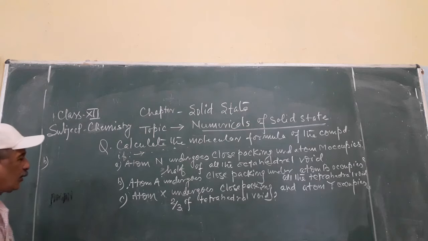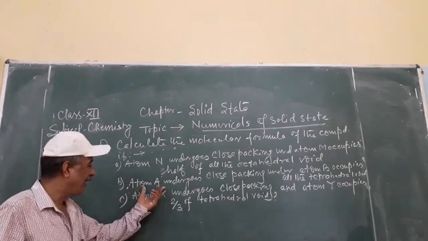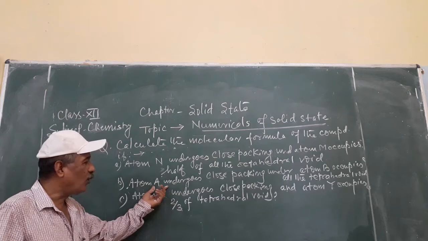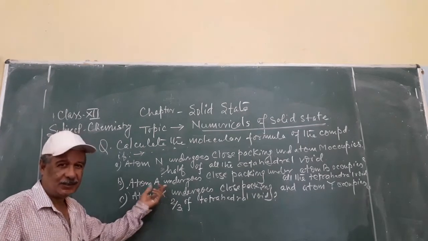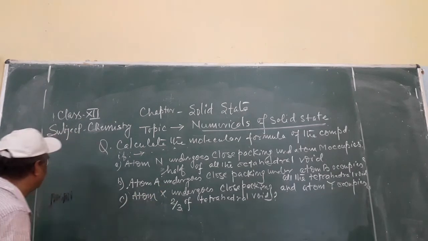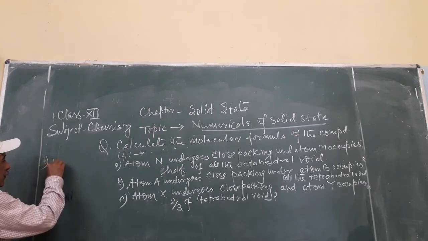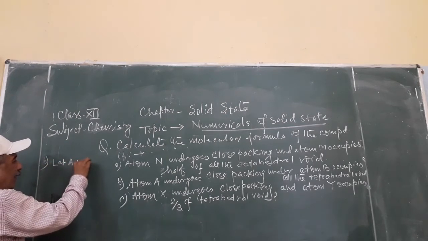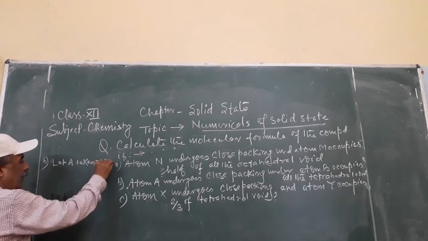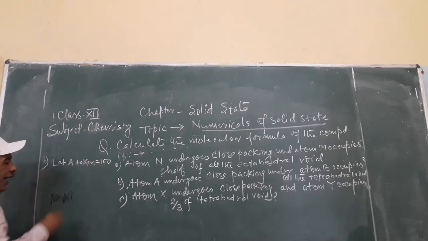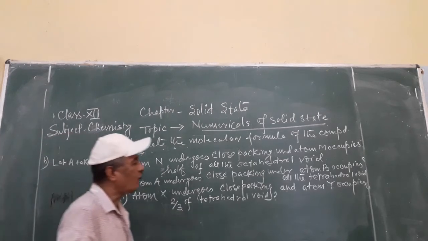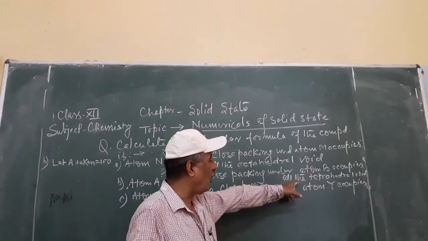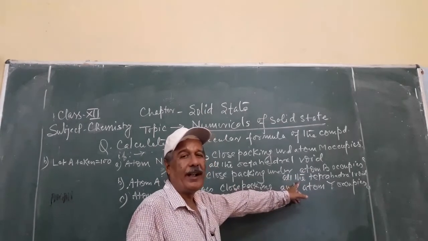Here, dear students, what is given? Atom A undergoes close packing. Correct? Let A taken be 100. And then what is given? Atom B occupies all the tetrahedral voids.